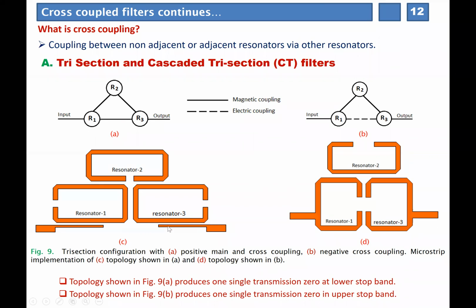And here you can change the external quality factor by changing the gap between the feeding line and the resonator. As a rule of thumb, at the feeding point we make the line narrower, almost half of the 50 ohm line width. Is there any criterion in selecting between these two, which one is most suitable?